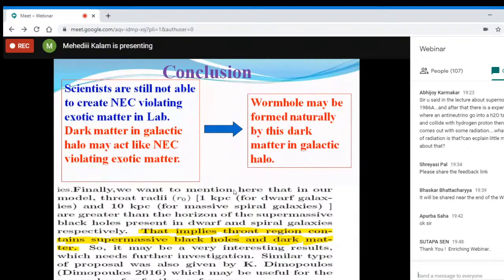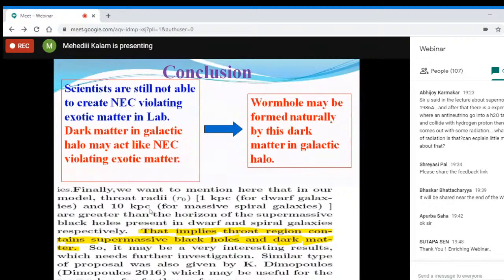Finally, I want to mention one very important point here also, that as I showed earlier, the throat radius for the dwarf galaxy comes out as 1 kiloparsec, and for the spiral galaxy comes out as 10 kiloparsec.